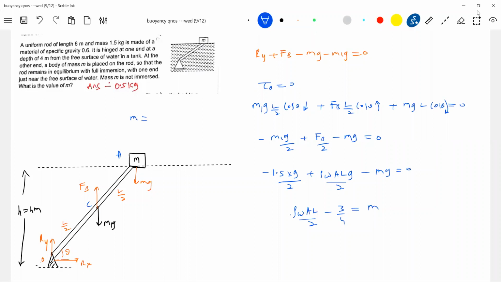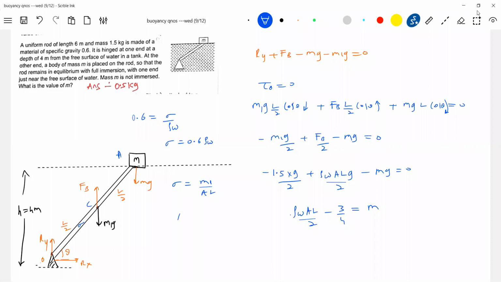Mass is given, so with mass and density, what can you write? Specific gravity is given. First, what is specific gravity? 0.6 equals density of rod, let me write sigma, sigma by rho W. So sigma is 0.6 rho W. Then how do you define mass? Density is equal to mass by volume.